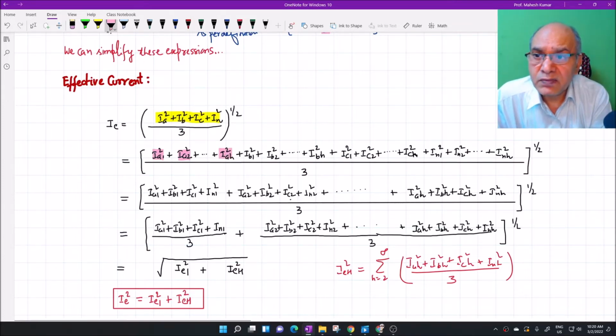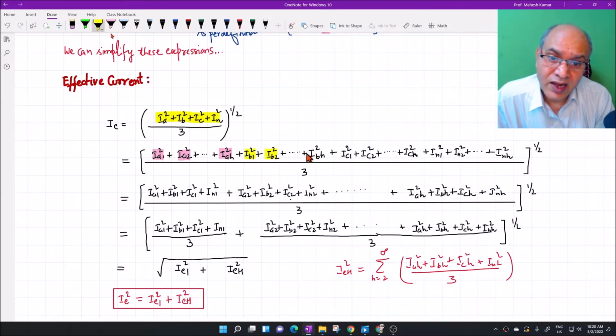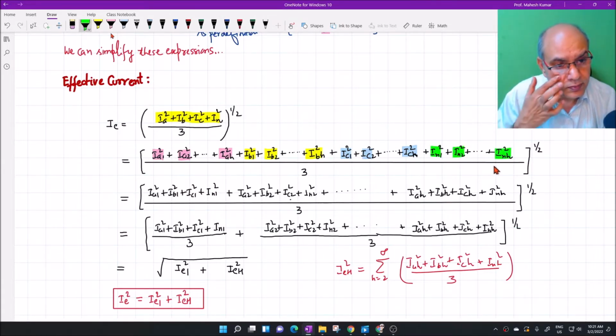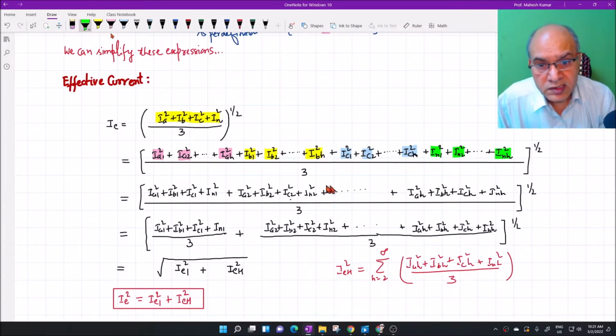Similarly, IB can be written as IB1 square, IB2 square till IBH square. And then IC can be written as IC1 square plus IC2 square till ICH square, and IN can be written as IN1 square plus IN2 square till INH square. Divided by 3 from this and the square root of this.